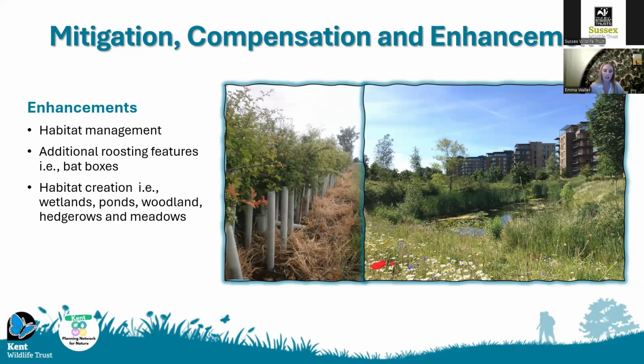And then once the development has been completed, post-construction monitoring surveys will also be carried out to ensure that mitigation and compensation measures are effective and bats are not adversely impacted by the development.